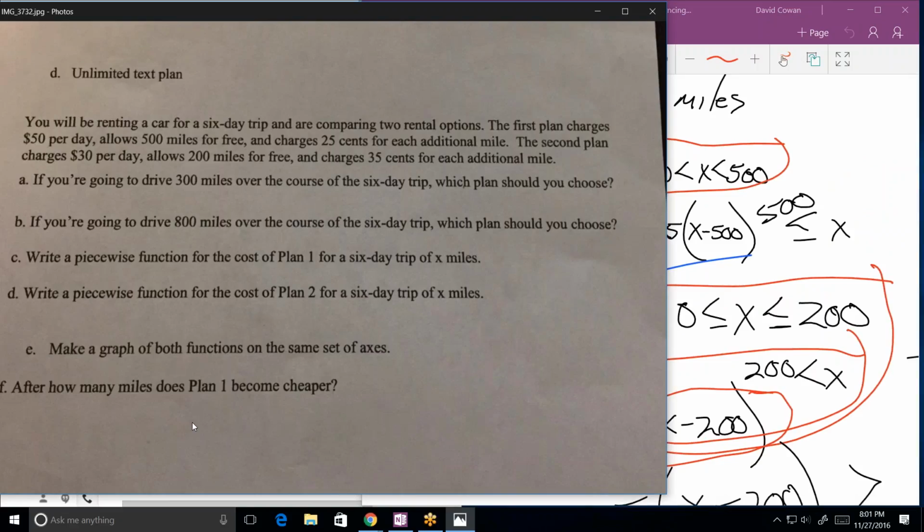After how many miles does plan 1 become cheaper? We can kind of do trial and error. Right. 500 miles, plan 1 is 300 bucks, plan 2 was more than 300, right?